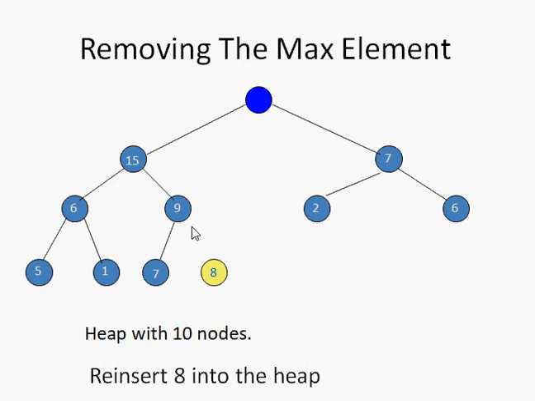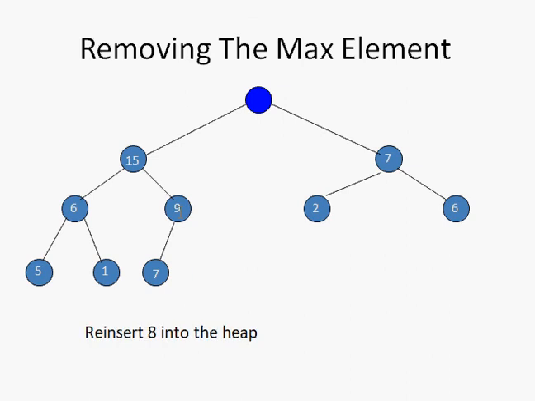Now what happens next is you compare 8 with 9. When you compare 8 with 9, 9 is greater, so that is not the position for 9. So 9 retains the same spot. Then we compare the left child and right child.